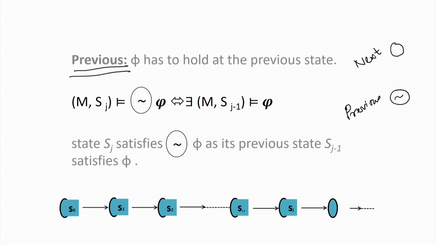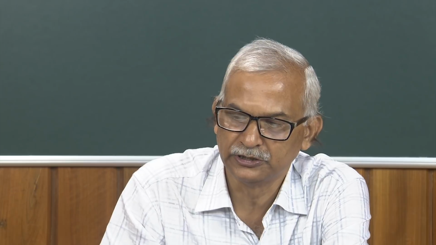This says that S j satisfies previous phi if its previous state S j minus 1 satisfies phi. So, if S j is a state and in the previous state S j minus 1 phi holds, then we say that in this particular state previous phi holds. Okay. This is the notion of the operator previous, which corresponds to the next operator in future logic.